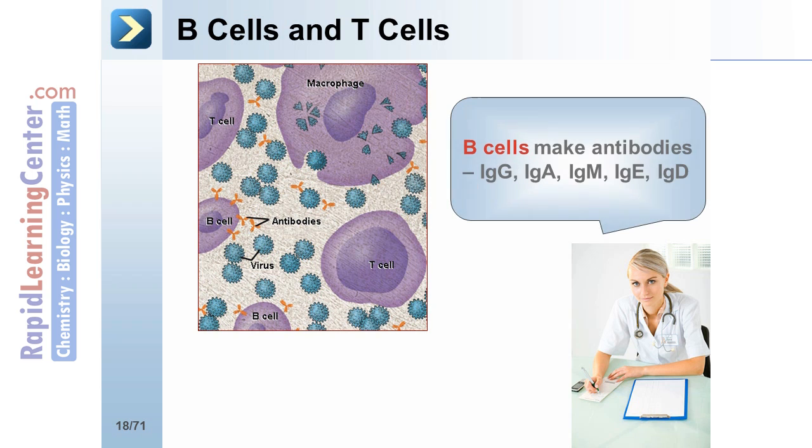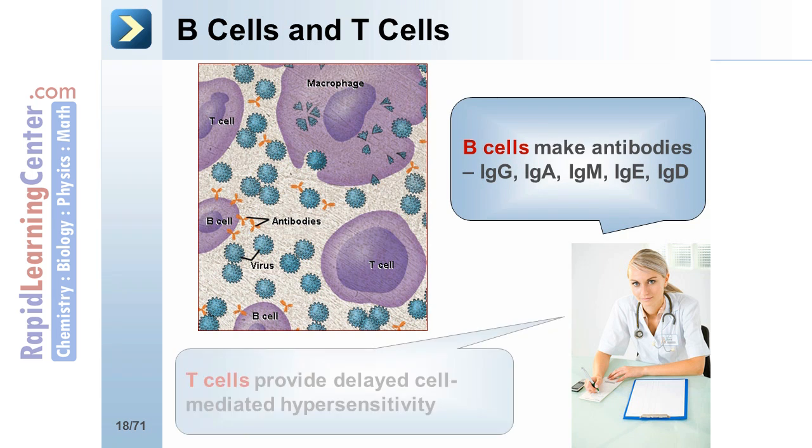Both B cells and T cells play important roles in acquired immunity. B cells and T cells differ in their functions. B cells make antibodies, while T cells provide delayed cell-mediated hypersensitivity.